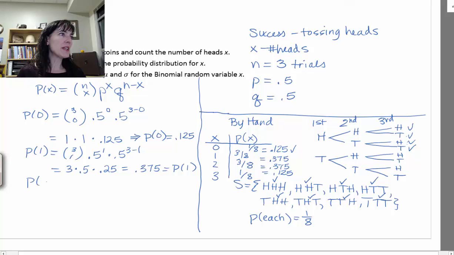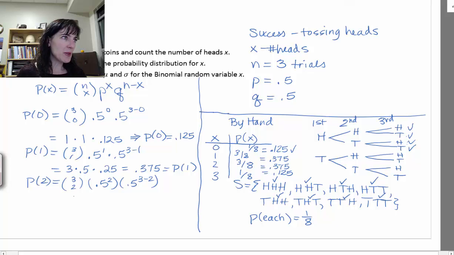So the probability of seeing exactly 2 heads in 3 trials, just plug in a 2 instead of the 1. We still have n equals 3, and we're multiplying by 0.5 squared times 0.5 to the 3 minus 2, so to the first.